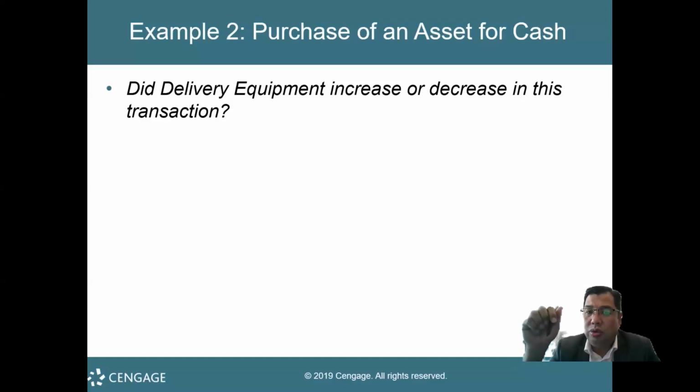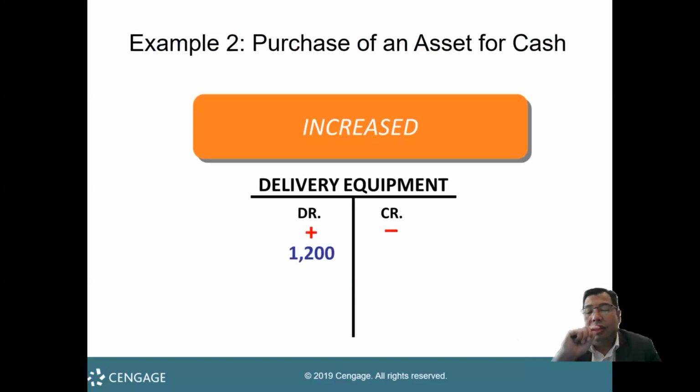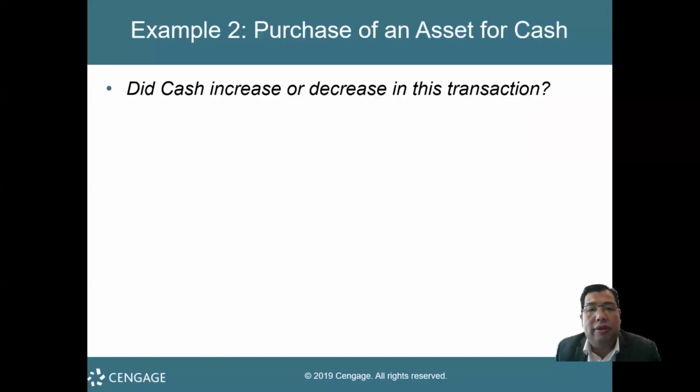When we purchase the motor scooter, our delivery equipment will increase. So for an increase, I'm going to debit the delivery equipment account. What I mean is I'm going to put 1,200 on the left side.